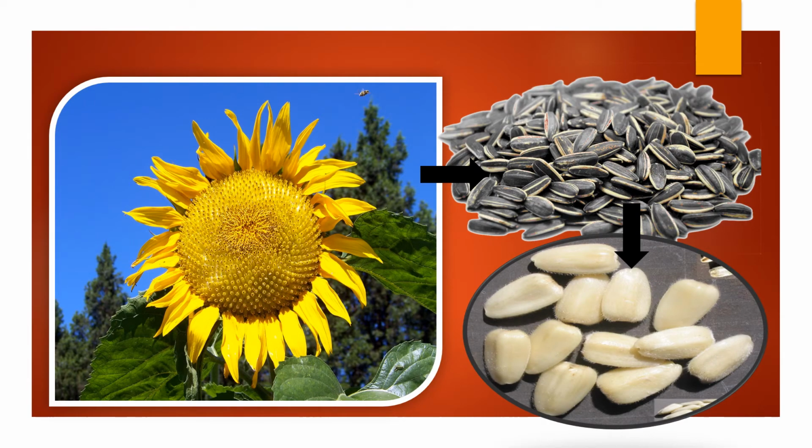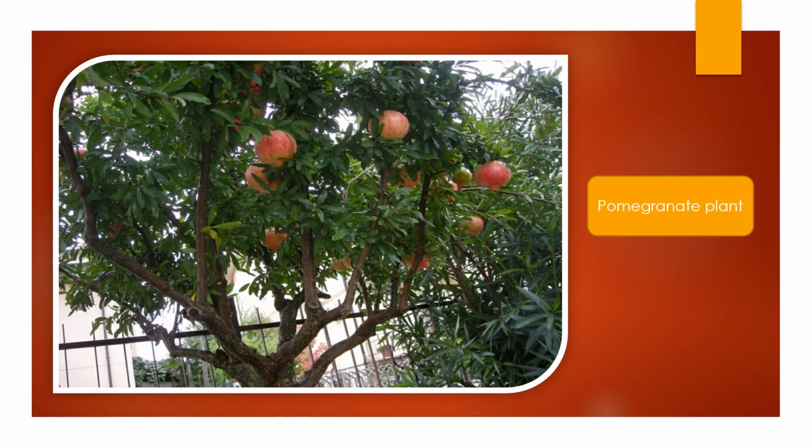This is a sunflower plant. It's an example of a flowering plant. Sunflower plants give us seeds, and the seeds of sunflowers are edible, which means we can eat the meat of the seed. Pomegranate plant is an example of a flowering plant.